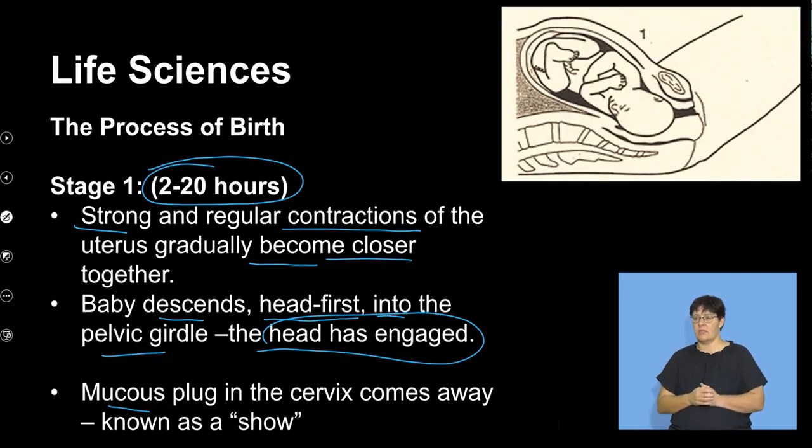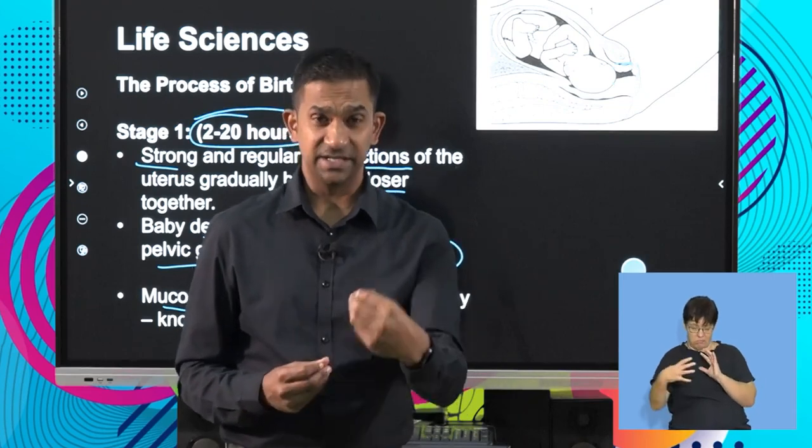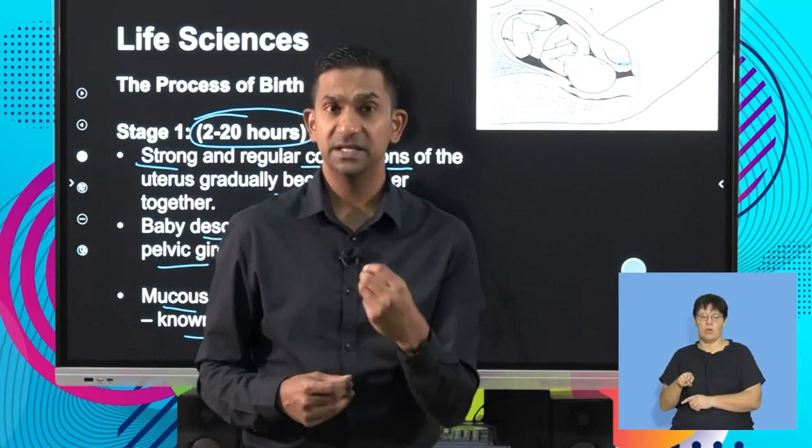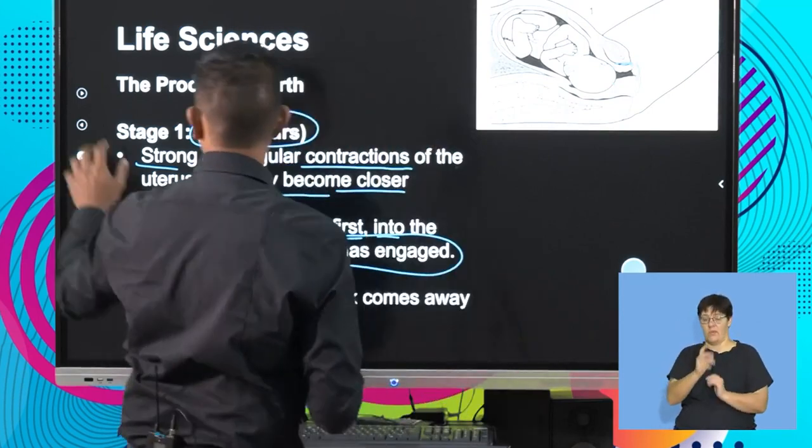There is a plug between the uterus and the cervix that breaks away, and when this plug breaks away, we say that there is a show. This is a secretion of mucus that is released as the plug is released, and that show is often a positive indication that a female is going into labor.